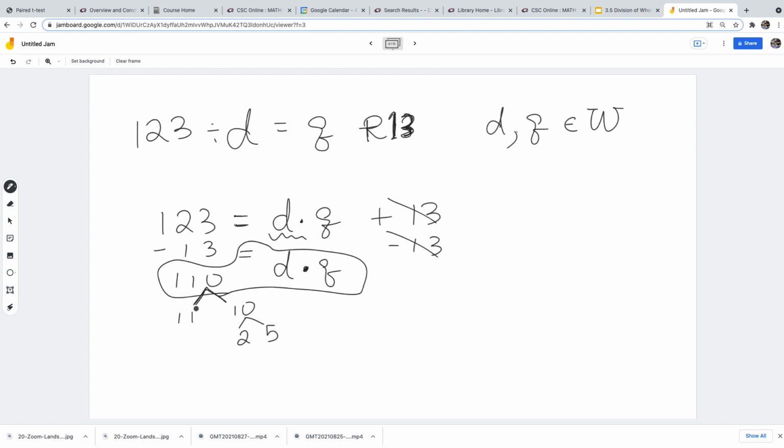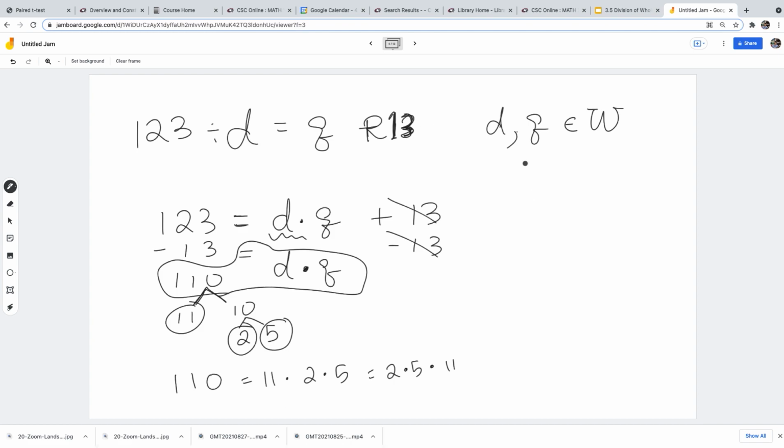So I have 11, 2, and 5 as the factors of 110, which means I can rewrite 110 as 11 times 2 times 5. Or a lot of times we write in order, so 2 times 5 times 11. This is possible because I can use the commutative property of multiplication. These are all equal.